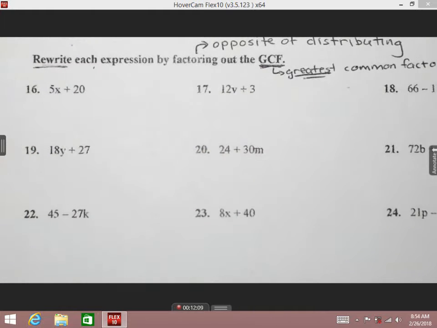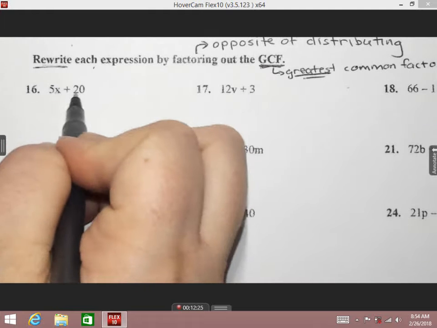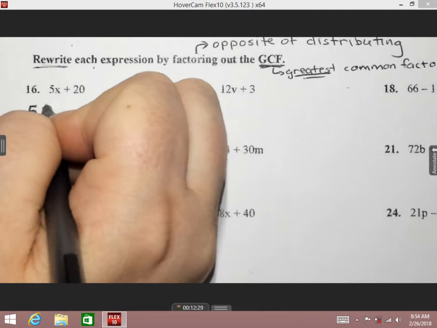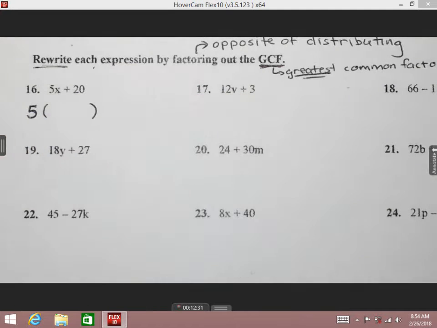So think about distribution: we were multiplying, right? We took the number on the outside and multiplied it. We're doing the opposite. So what operation do you think we're going to do this time? We're going to divide. And Lyric just picked the number that I'm going to divide by. 5 is the biggest number that goes into them, so I'm going to put a 5 right here on the outside. Keep my parentheses there.